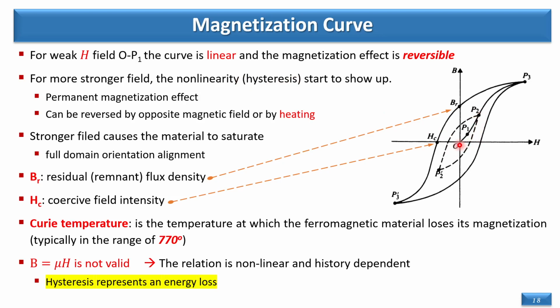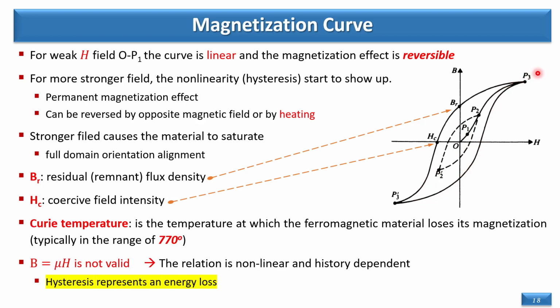For example, if we apply a strong magnetic field, when we apply H, B will go here. When we remove H, it comes to here, and there will be some permanent magnetization effect inside the material. This is called residual or hysteresis.